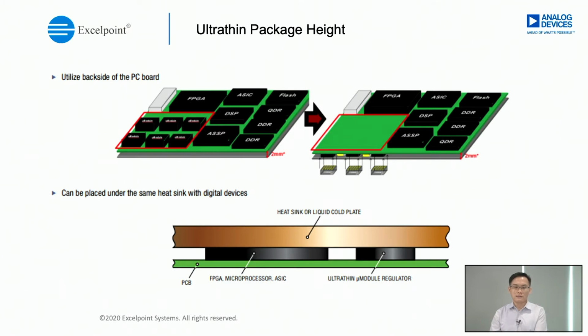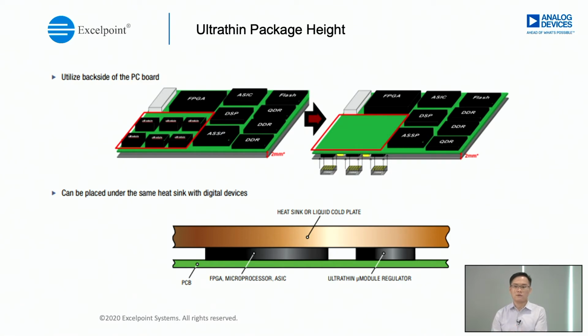So what is the main benefit of this ultra thin package? You can see here in the past, due to the profile of the µModule, we could not put it on the bottom side of the PCB, and this would occupy some space on the top side of your PCB. But now with this ultra thin package, we can put the µModule on the bottom side of your PCB, and the space saved on the top side can be used for other purposes.